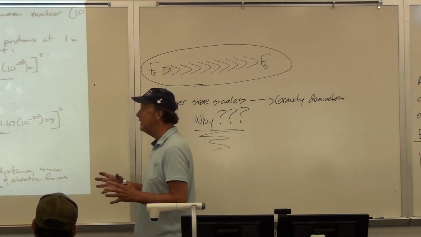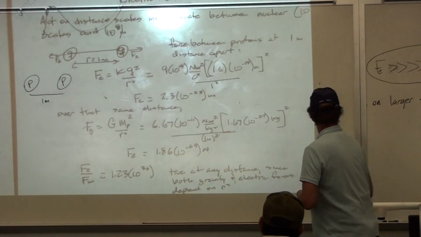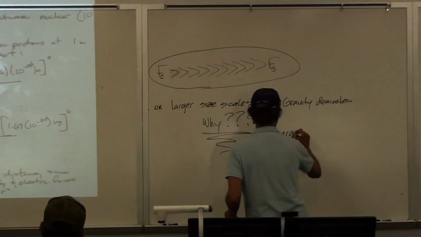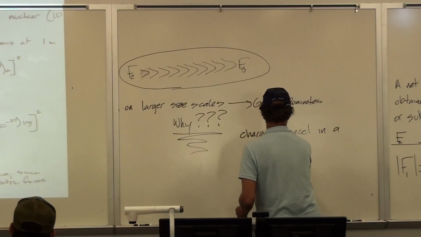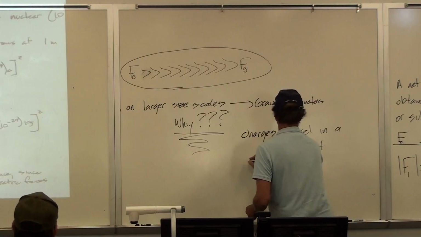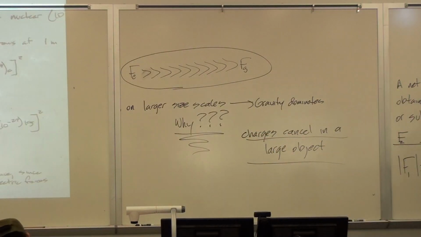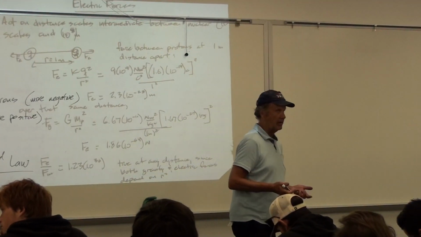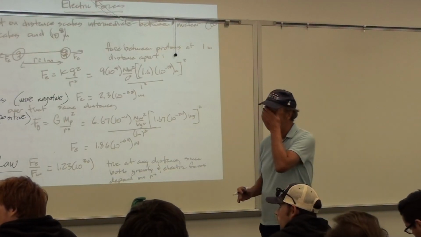And so when you take a large aggregation of matter, the charges cancel. So does that make sense? The charges are going to cancel because the Earth, say, has 0 net charge. But it still has mass. So the mass wins by default.